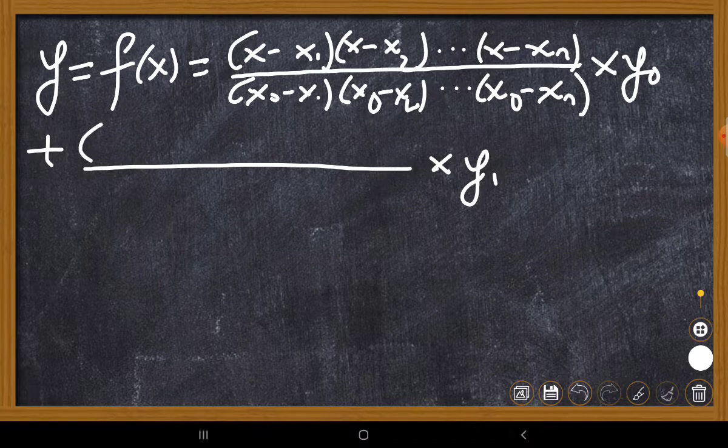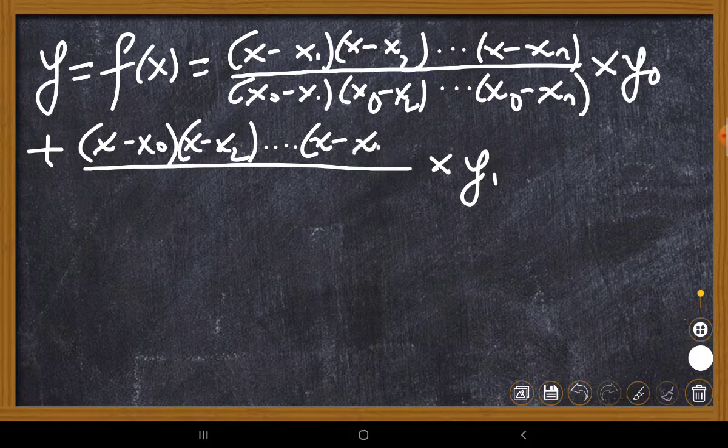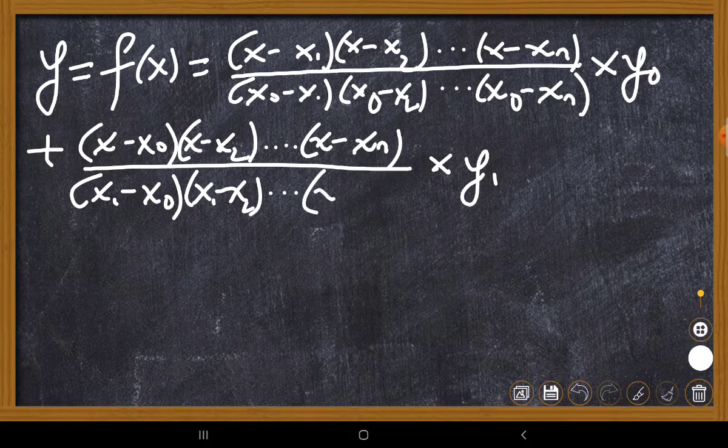Notice here that for y1, you will have x minus x naught first, then x1 will not be there, you will have directly x minus x2, x minus x3, so on till x minus xn. And then in the denominator you will have x1 everywhere: x1 minus x naught, x1 minus x2, and so on, x1 minus xn.